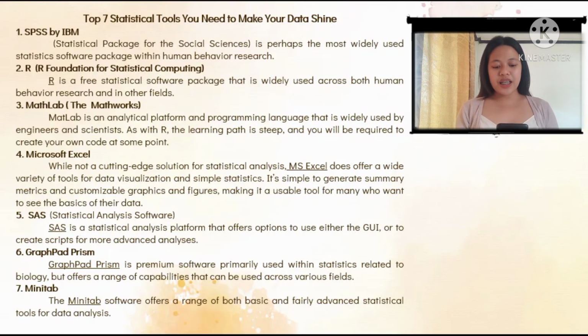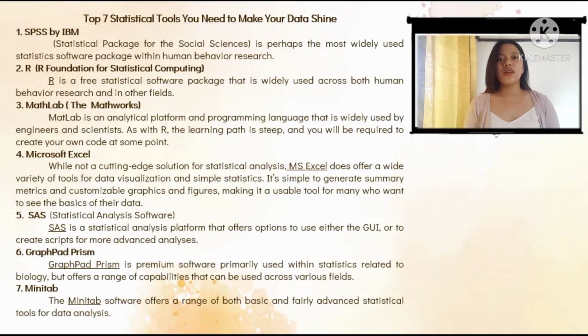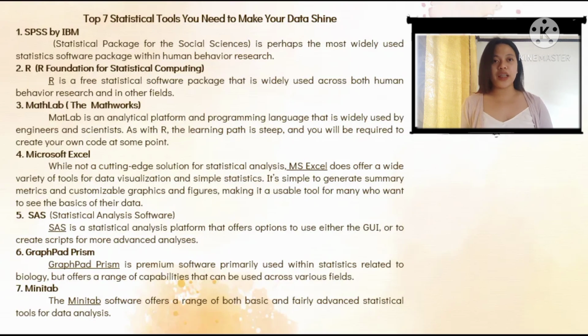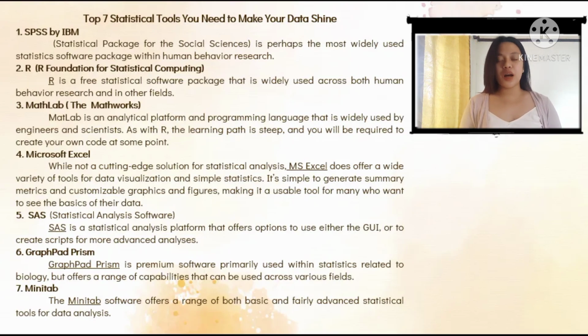It is a sophisticated system often used in business, healthcare, and behavioral study. 6. GraphPad Prism. Prism by GraphPad is premium software that is often used in biological statistics, but it also has a wide variety of characteristics that may be applied in other disciplines. 7. Minitab. Minitab is a data analysis program that includes a variety of basic and intermediate statistical methods.